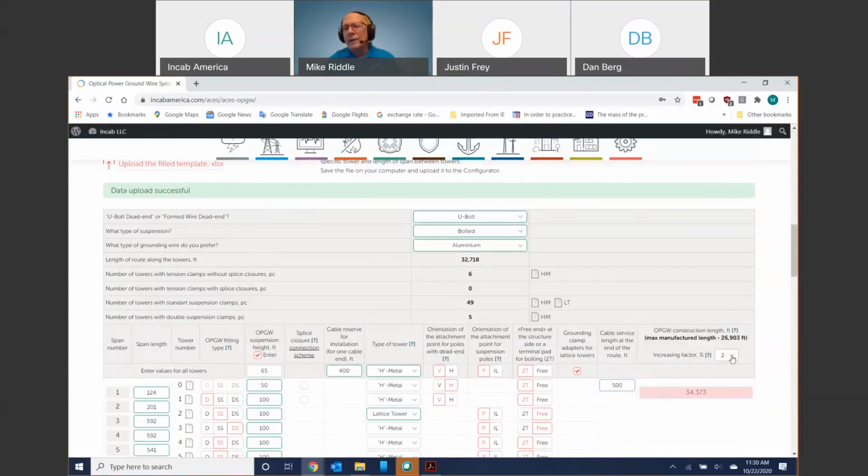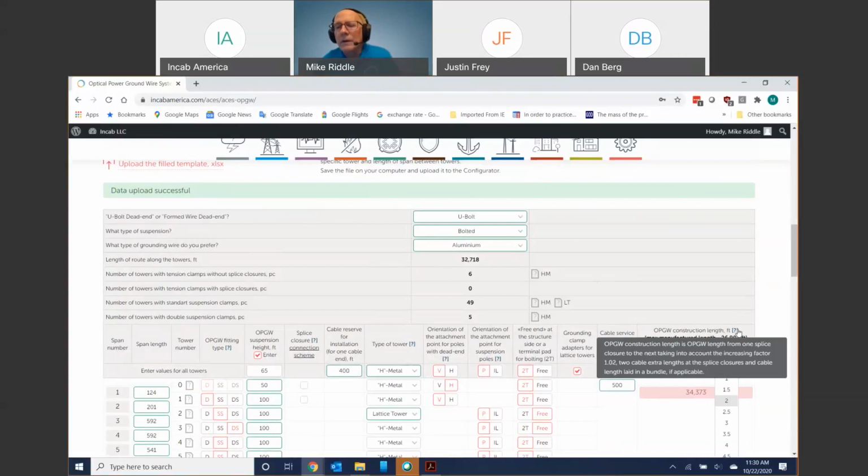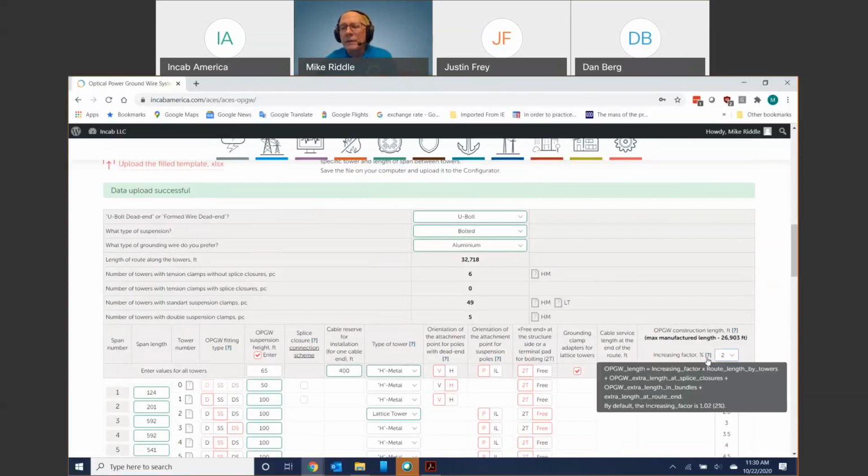Here is how much extra cable is used in the real length calculation. And there is a hint here to tell you that you use the linear distance plus your cable length, the linear distance plus what you've allowed at the splice enclosures, and then an allowance.